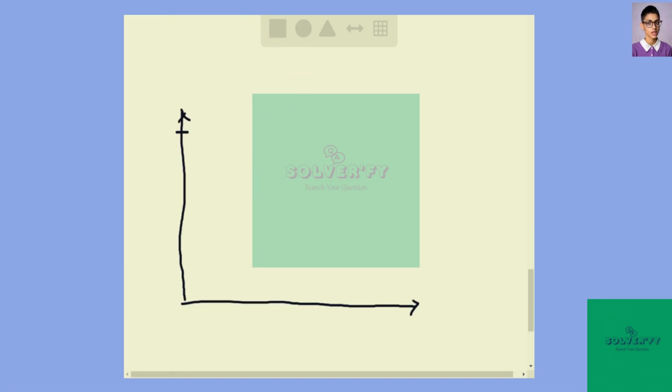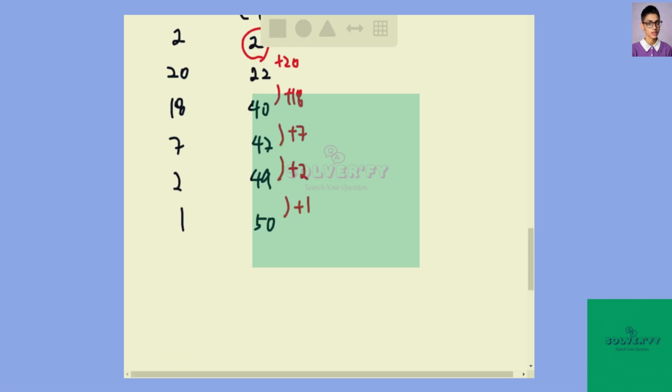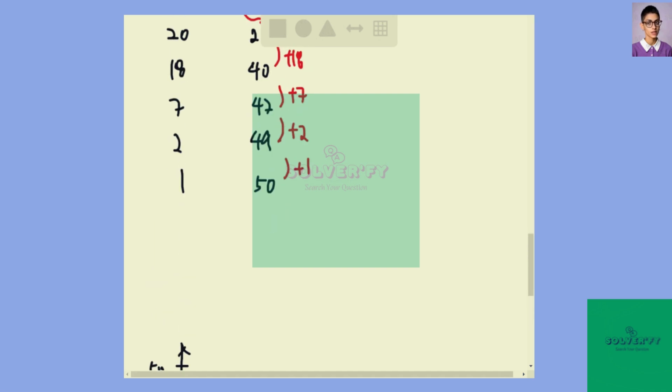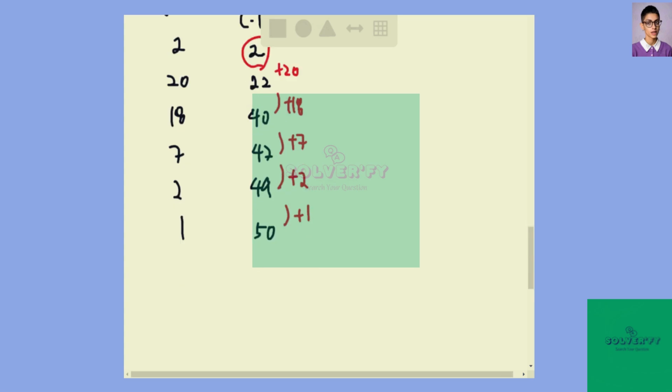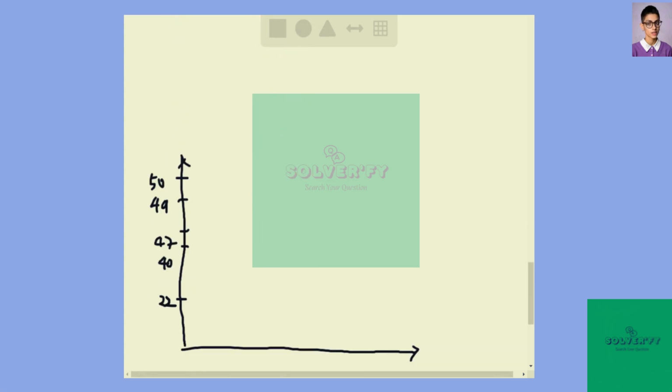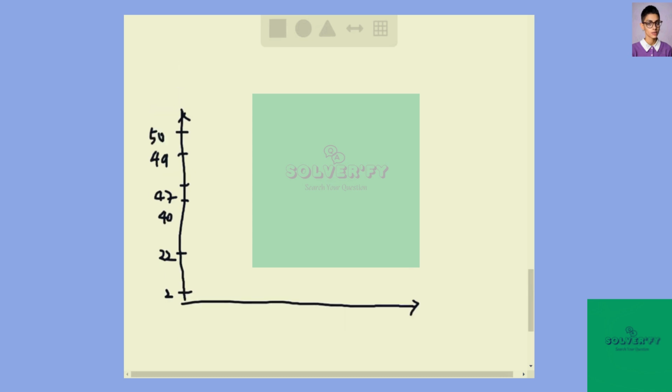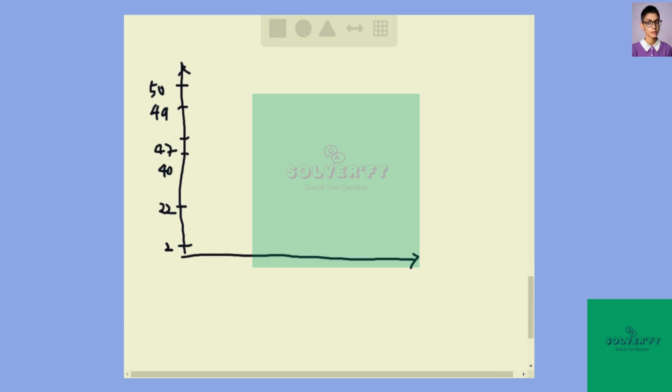So here 50, 49, and 47, and then 40, 22. So 40 should be here, and 22, and then we have 2 over there. So it should be very close to the origin. All right, now we just need to create and label all the class intervals: 9 to 11, and 12 to 14, and 15 to 17, and 18 to 20, and 21 to 23, and last one, 24 to 26.